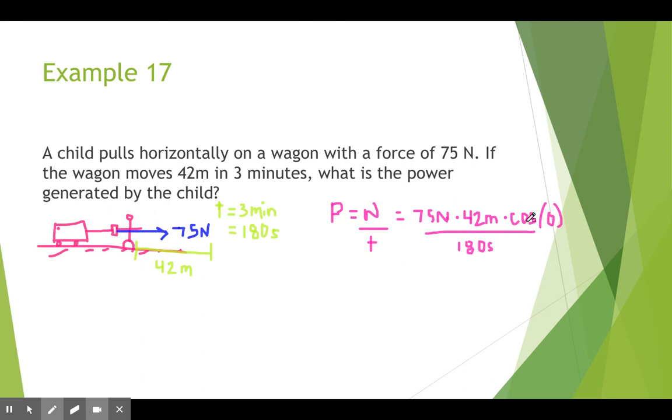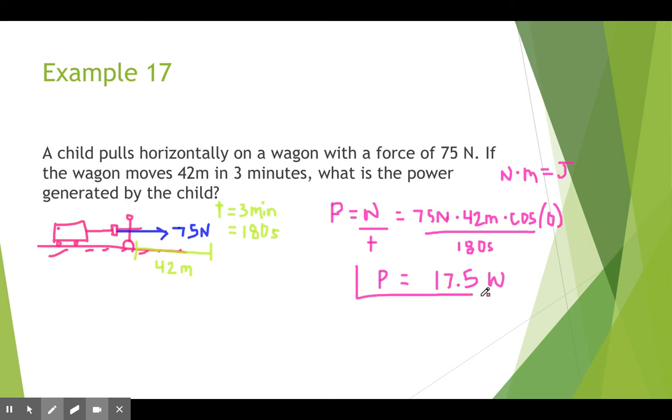So we get 3,150 newton times meters, which gives us joules. So I have 3,150 joules divided by 180 seconds, and we get 17.5 watts, which we use a capital W to represent.